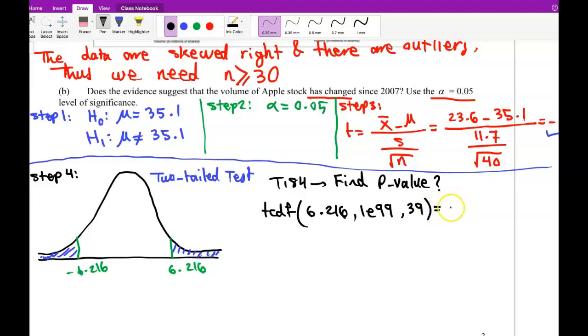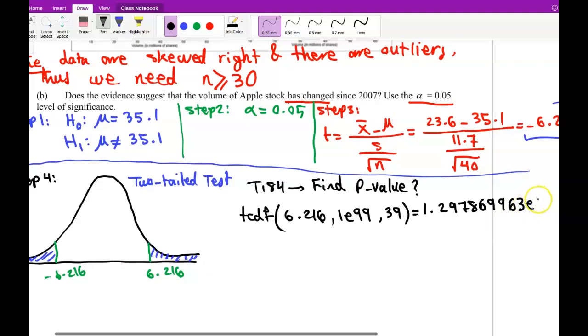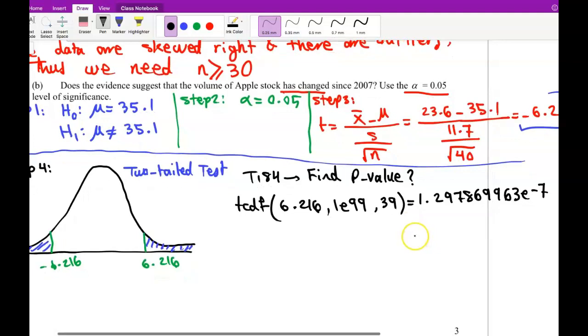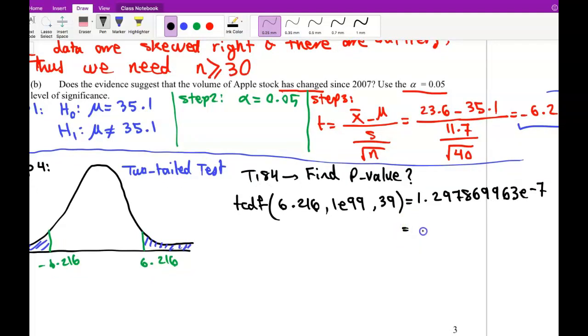Based on the calculator, I got 1.2978 69963 E negative 7, which is equal to 0.0000001 and so on. See, the decimal point is here.